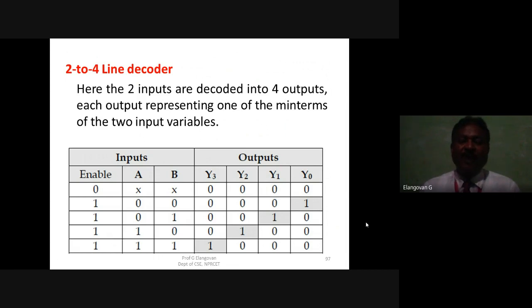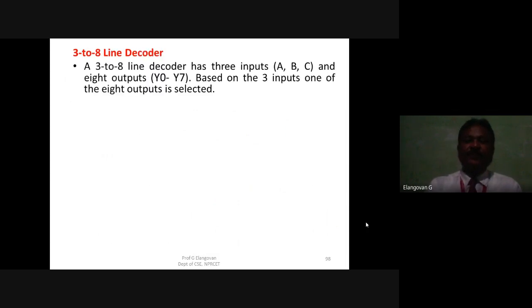If both are high level, Y3 is going to be active high. Similarly, the 3 to 8 line decoder. There are 3 inputs and 8 outputs. The 3 inputs can be called A, B, C, and you can have 8 outputs, the 2 power 3 combinations.